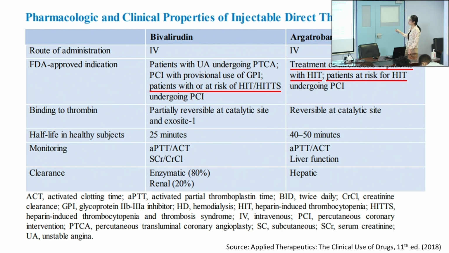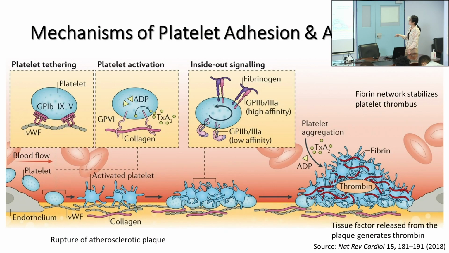Because under that situation, you may have to stop the heparin therapy. Okay, so those are about the venous thrombosis, the anticoagulants. And the next part we are going to look at is the antiplatelet therapy.